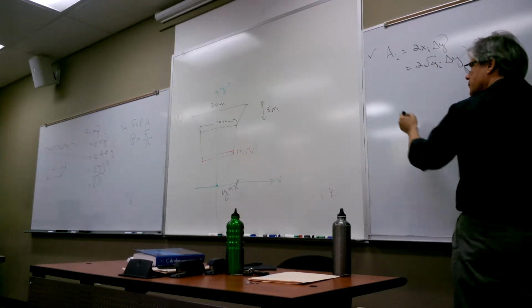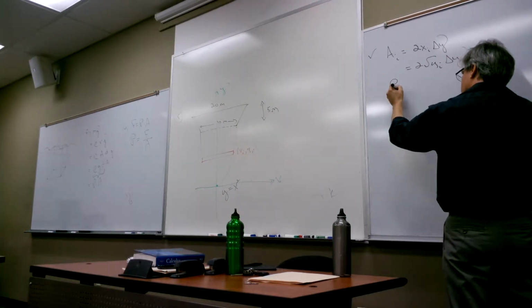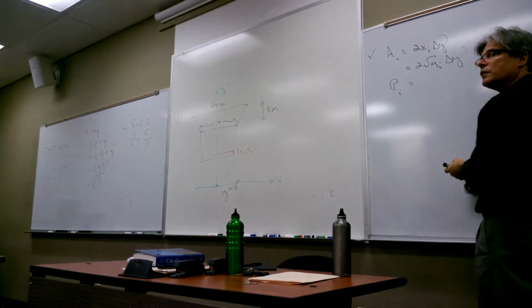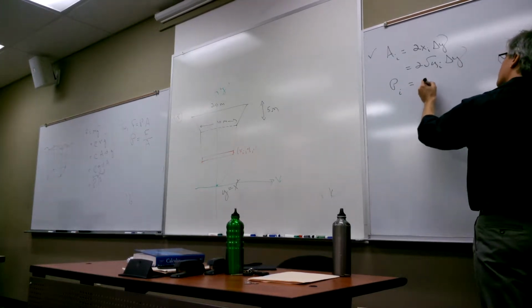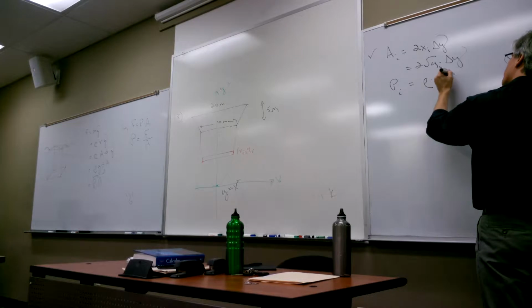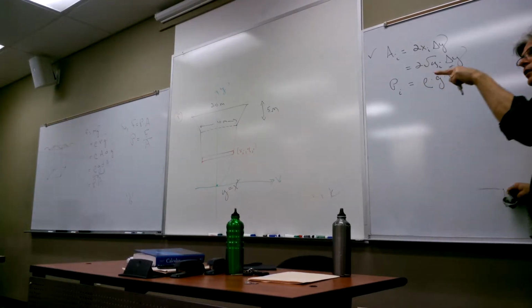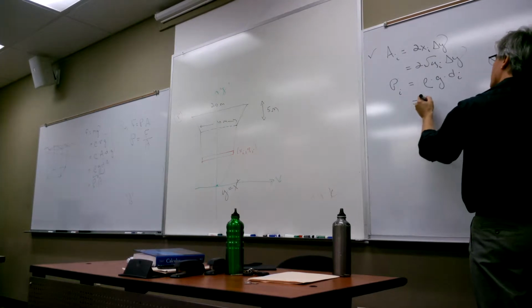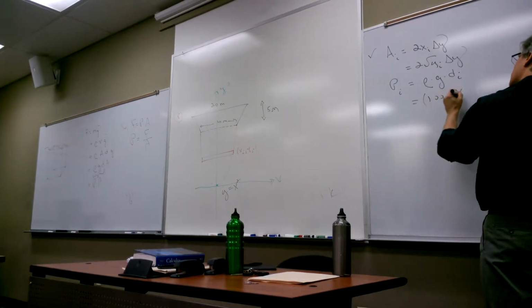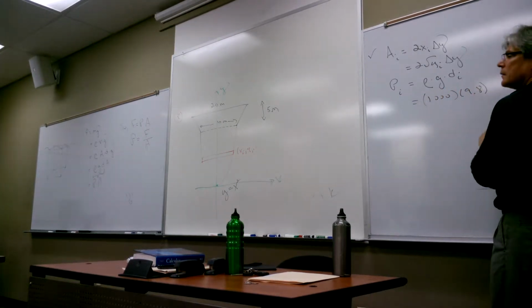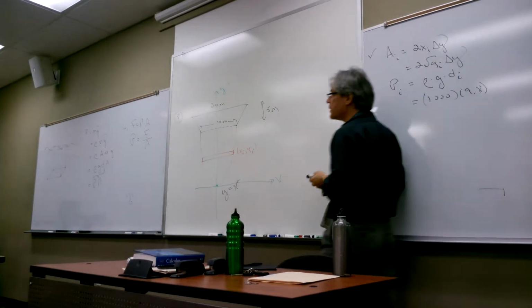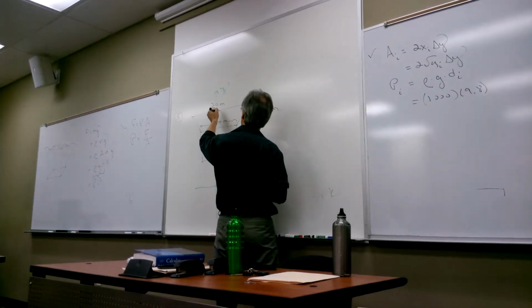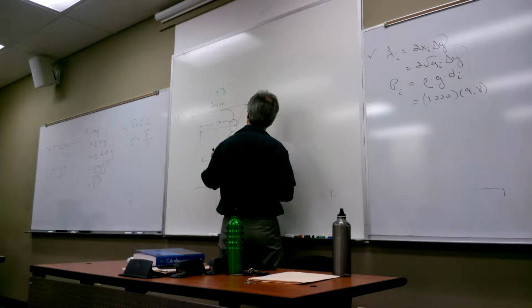Now to compute the pressure exerted on an ice sliver, all I'm going to do is look at the product of rho with g, with the distance for which an ice sliver is below the surface. That's nothing more than 1,000 times 9.8 times d sub i. Take a peek at the picture. Don't you agree that with my black pen, that's d sub i?